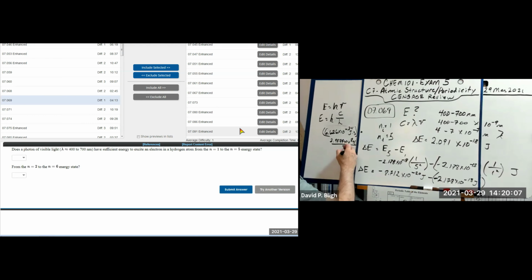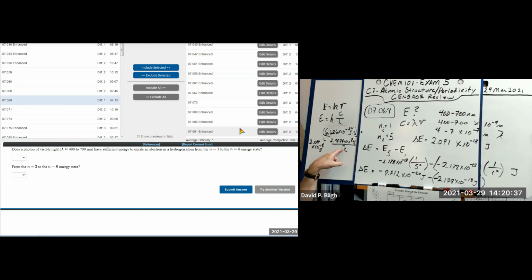Well, we don't know what the wavelength is yet, but we do know what the energy is. The energy is 2.091 times 10 to the minus 18 joules. Okay, now we have an equation in one unknown. So how do we solve this equation? Let's see, this is equal to that times that.